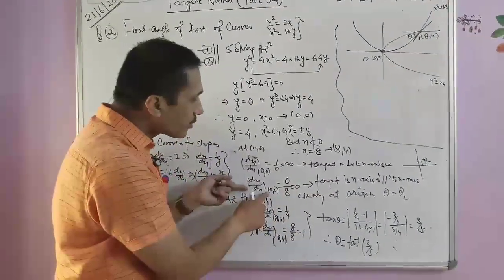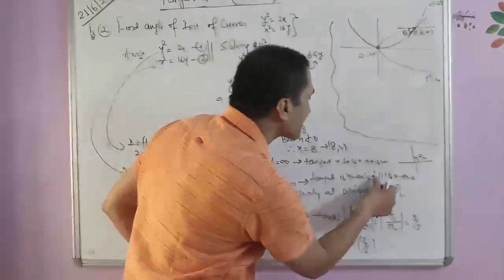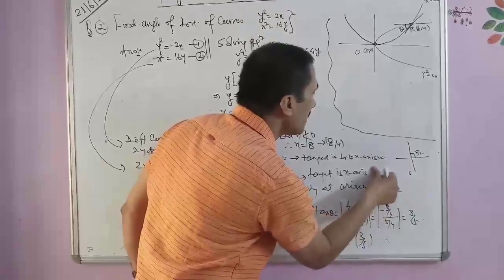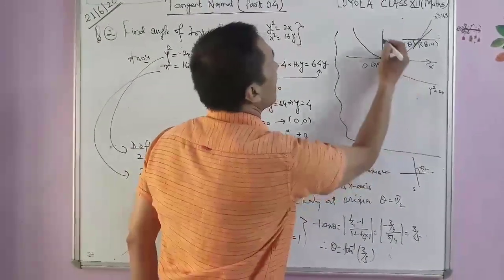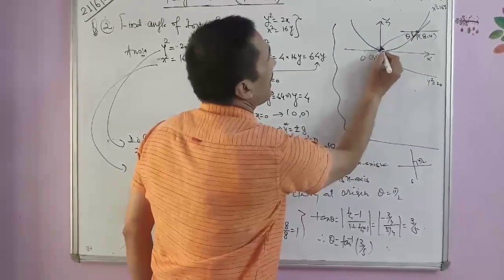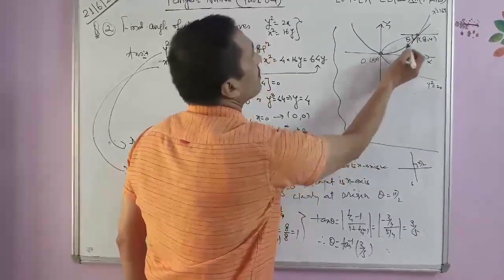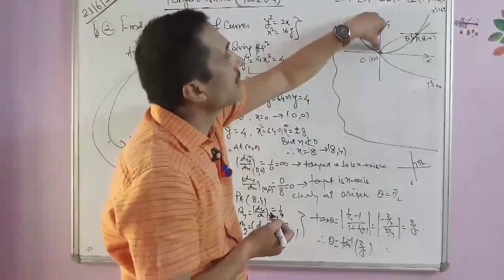Since the point of contact is (0, 0), the tangent is the x axis, not parallel to it. Clearly, one tangent is this and the other tangent is the y axis, and the angle between them is pi by 2. These two curves intersect each other orthogonally at (0, 0).